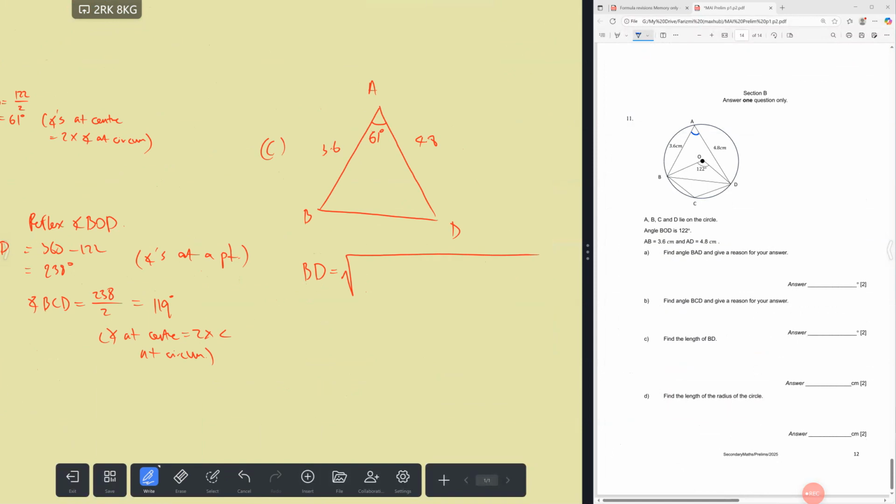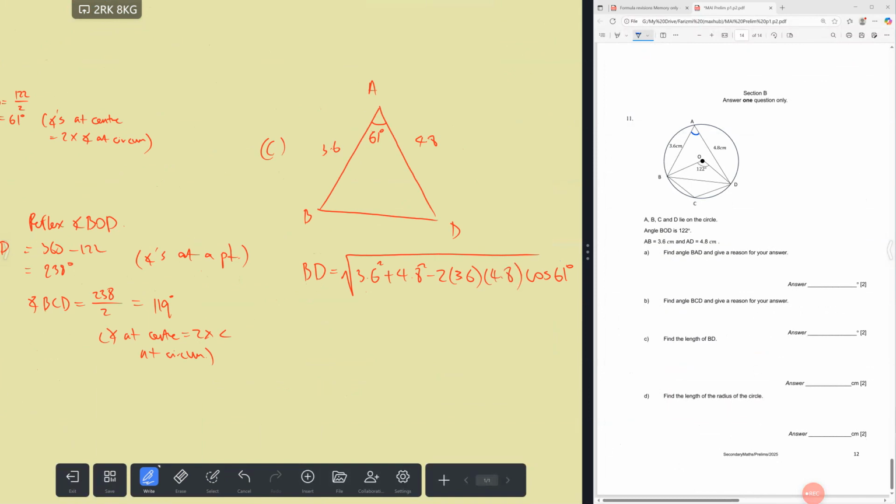When you apply cosine rule, it's faster for you to just apply for square root. So let's begin. BD equals, and go all the way to the end and write cosine 61 degrees. And the rest you can fill up quite haphazardly. Plus 4.8 squared minus 2 bracket 3.6 times 4.8. Alright.